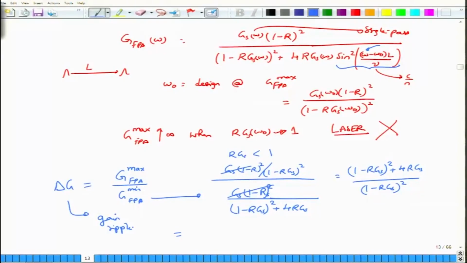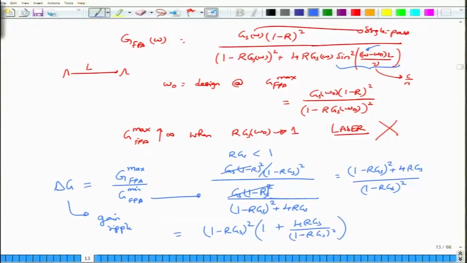Gain ripple means certain frequencies or bands will have a larger gain and certain bands will have a minimum gain. The difference between the max and the min gain, usually in terms of the ratio, would be about 1 plus 4 r Gs divided by (1 minus r Gs) whole square.